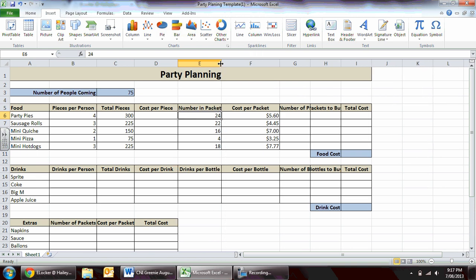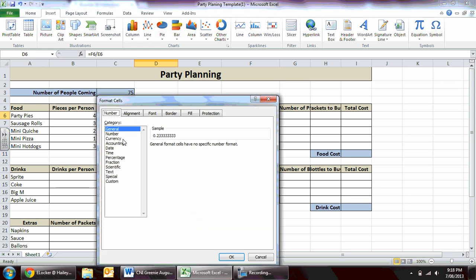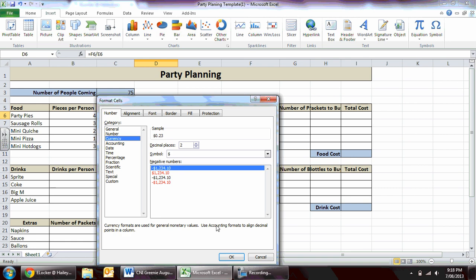So equals F6 divided by E6. Now, again, it shows repeating decimals. Right click, format cells, currency, okay.